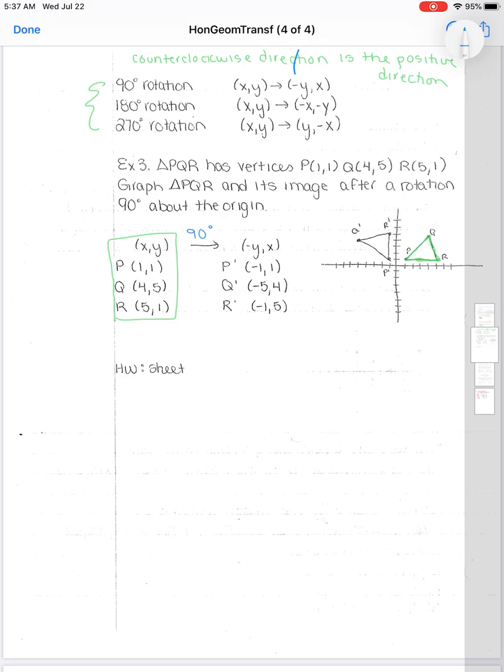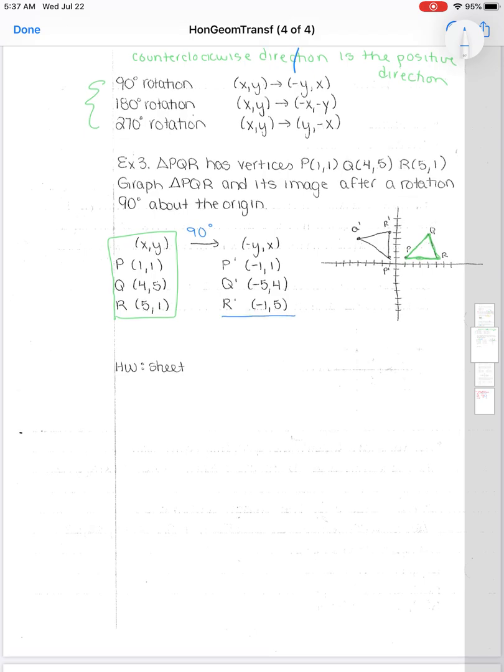So for P, they flip places and the first value changes sign. So (1, 1) becomes (-1, 1). The (4, 5), they flip places and the first value changes signs. So (-5, 4). For (5, 1), they flip places and the first value becomes a different sign, which is (-1, 5). So you have your three new points, which you can then plot.